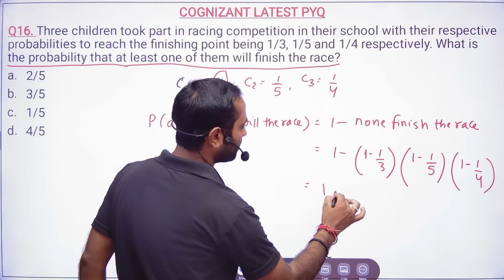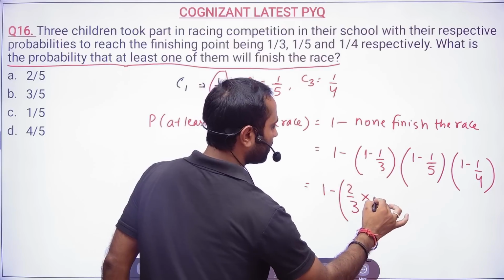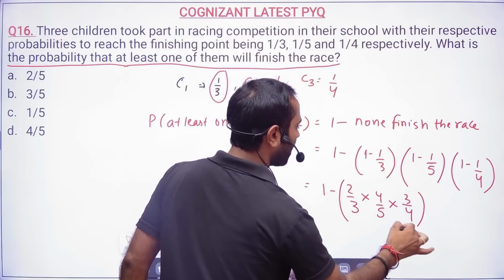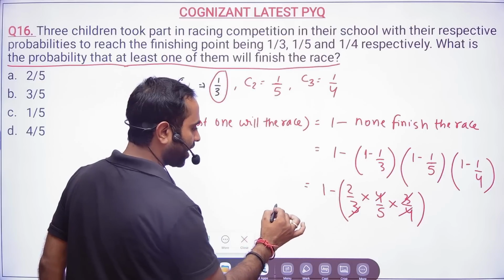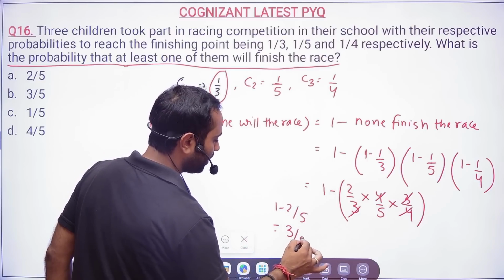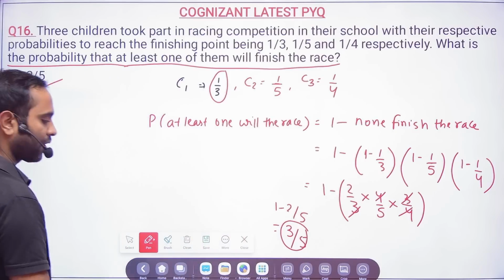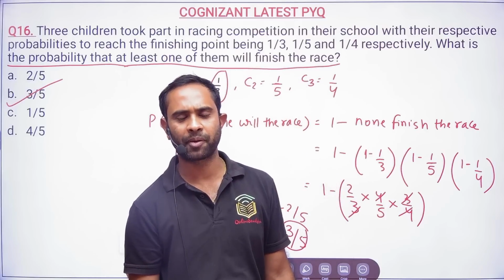Now this becomes 2 by 3, 4 by 5, and 3 by 4. Now 3 cancelled, 4 cancelled, so 1 minus 2 by 5 is equal to 3 by 5. Is there any option 3 by 5? Yes, that will become your answer. Option B is the correct answer for problem number 16.